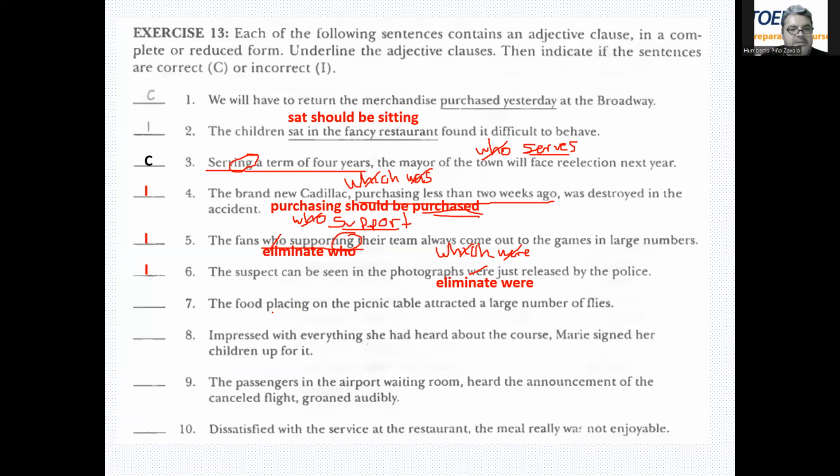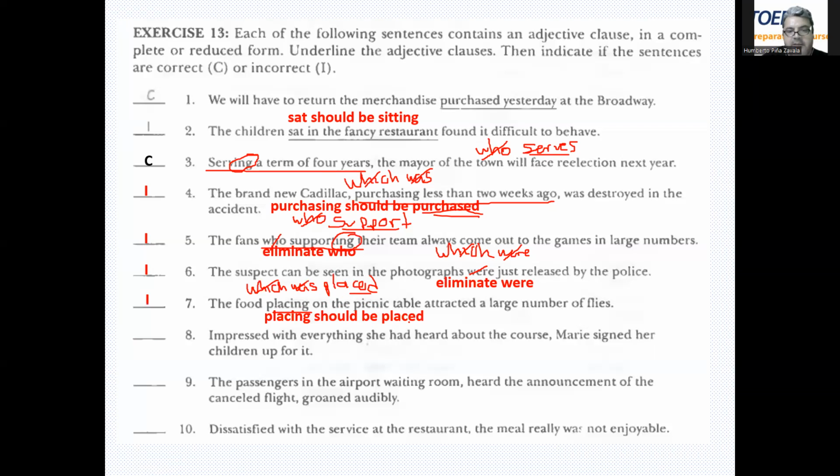The food placing on the picnic table attracted a large number of flies. So we eliminate that. You know, the food which was placed on the picnic table, right? So we eliminate which, was, and place changes.